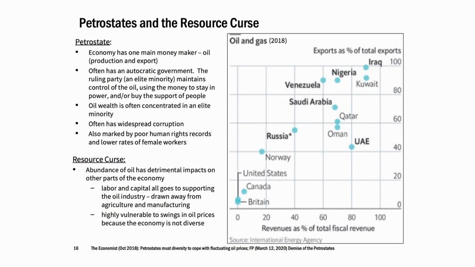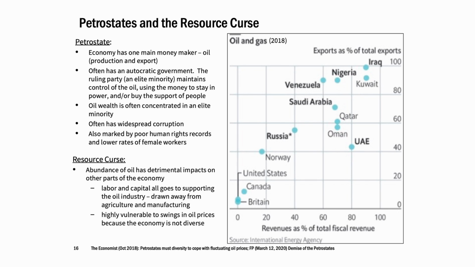Other terms I just want you to be familiar with, petrostate. This is a term really looking at countries that are very dependent on that oil for their economic growth, for their participation in the global economy. And sometimes those petrostates can have a very concentrated, wealthy group that controls a lot of that oil wealth.